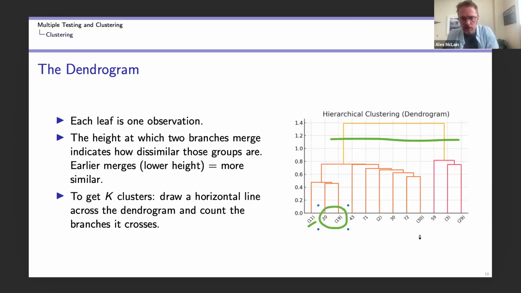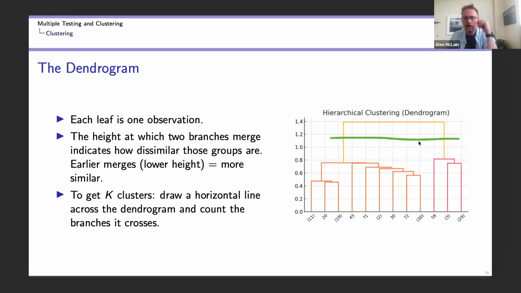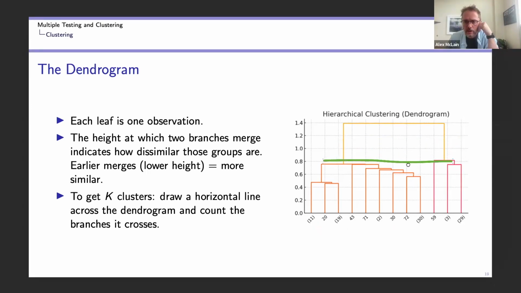If we wanted more than 2 clusters, it gets a little tough from there, but for 3, we end up getting pretty much the same thing. We get all these in one cluster, 59 is in a cluster by itself, and then these 2 are clustered together. If we want 4, it's hard to see what happens first. Do these 2 split apart, or does that split apart? But anyways, you get the point of how we can create clusters from this.